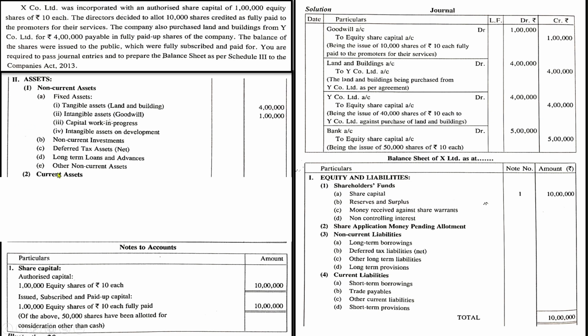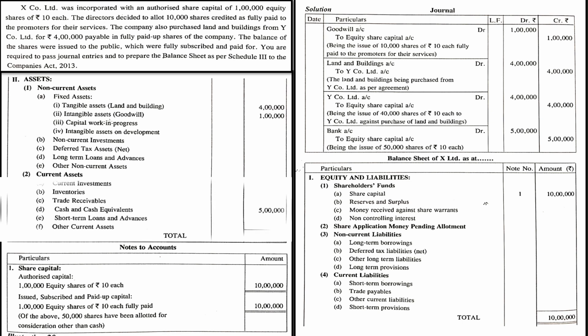Okay, in the current assets there is not much. There is only one item, but just like the liability side and asset side, there are some important items that have to be shown in current assets. Only one item is to be recorded, that is cash and cash equivalents. But anyway, in the examination, try to write down these items also.